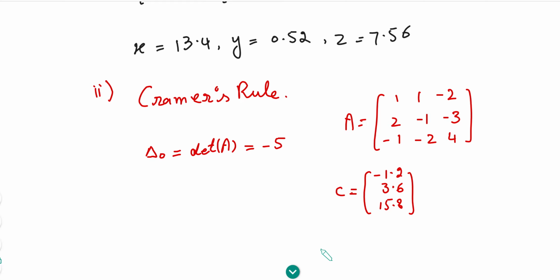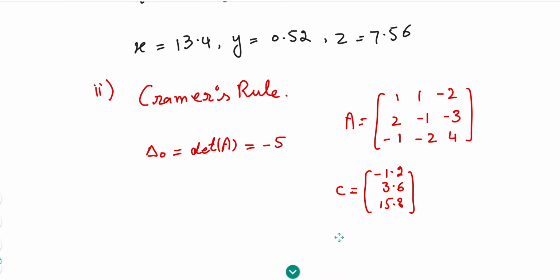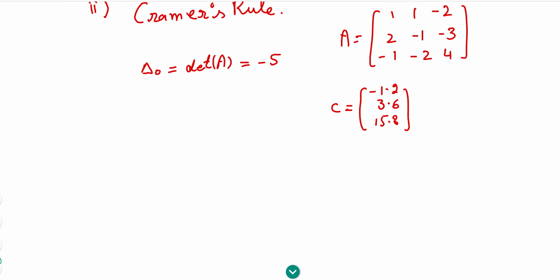Now Cramer's rule is very simple. We can directly jump to the values of x and y. The value of x is equal to delta 1 over delta naught.